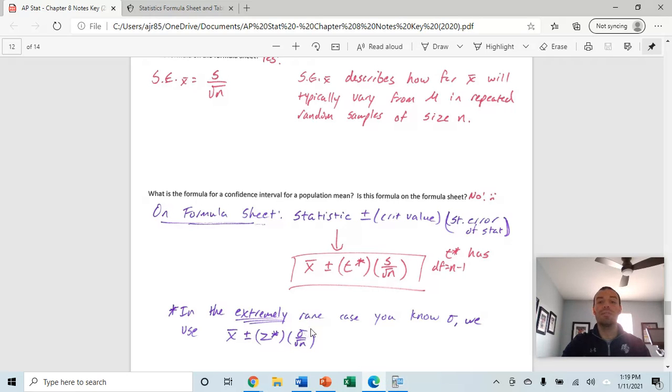In the extremely rare case that you would know sigma, that t star would become a z star as your critical value. But here's your formula for the confidence interval for means. So again, just think to yourself, statistic plus or minus critical value times the standard error. This part in here, the t star times the standard error part, that represents our margin of error.